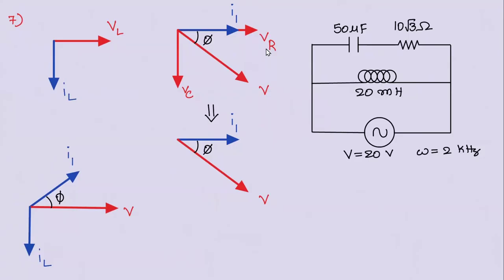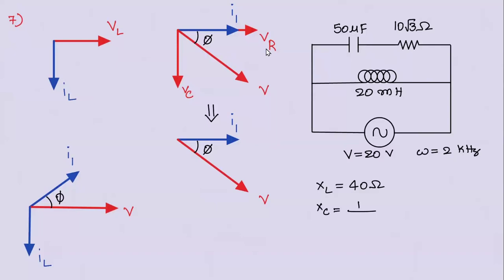What I do is I calculate XL. XL is equal to omega L. Kilo and milli get cancelled. It will be what, tell me? 40 ohm. Now I calculate XC. Micro is there, kilo is there.